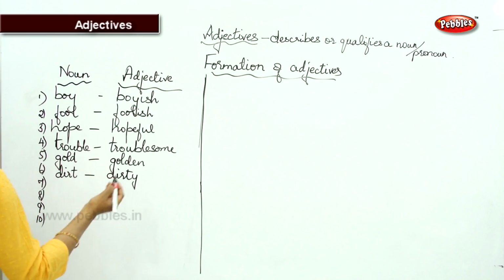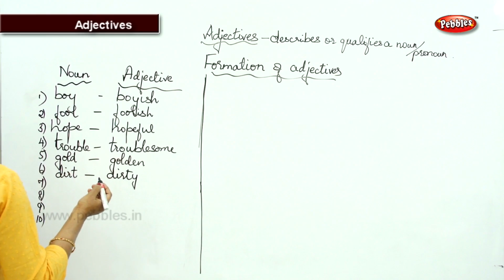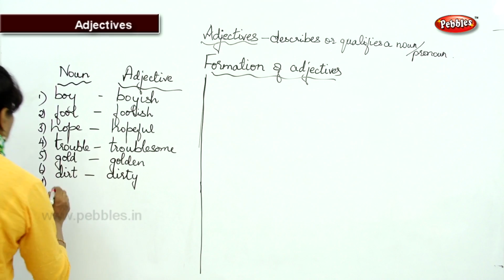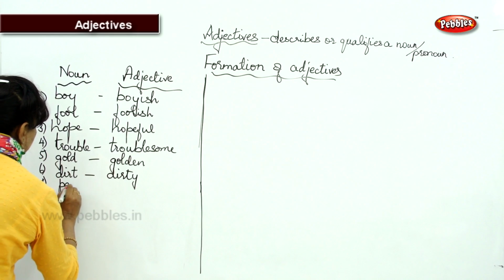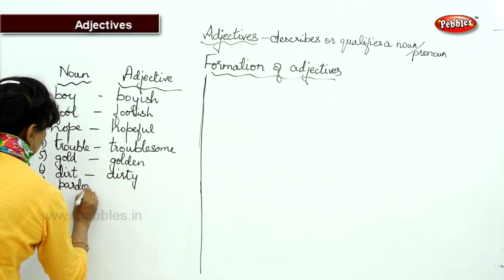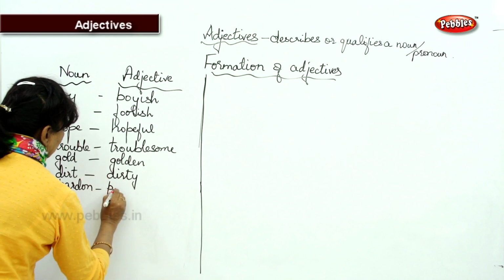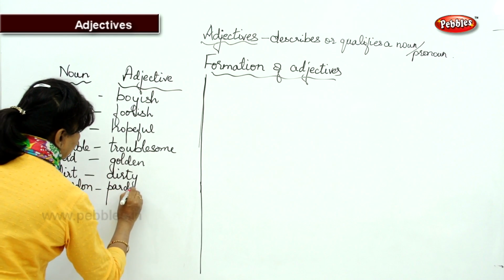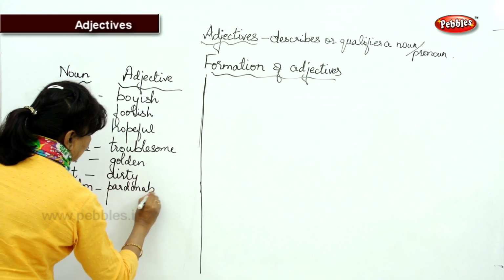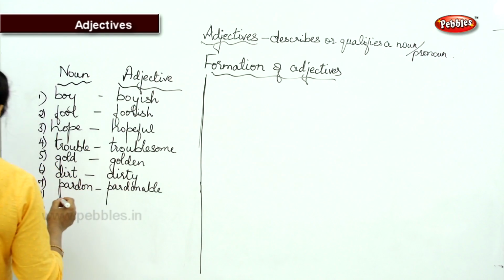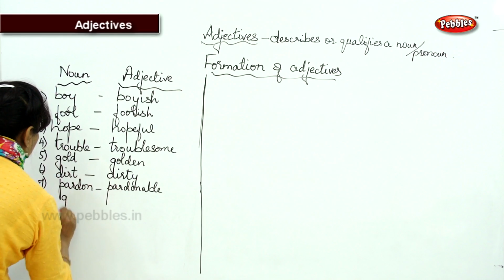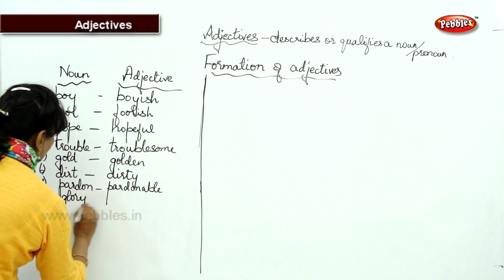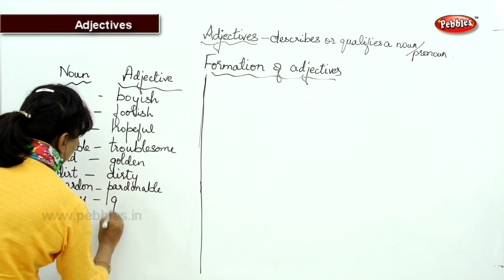Same way, dirt, dirty, storm, stormy. Next, pardon. Pardonable. Next word, glory. Glory, glorious.